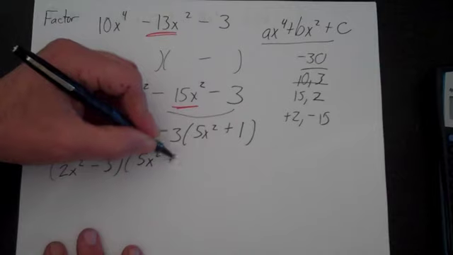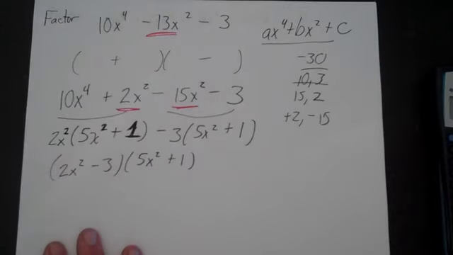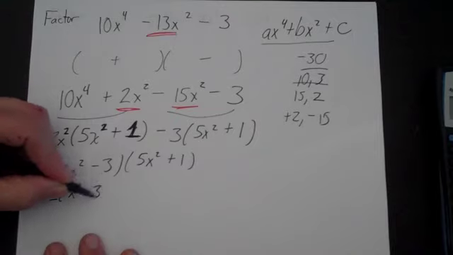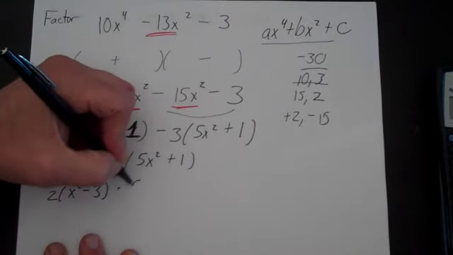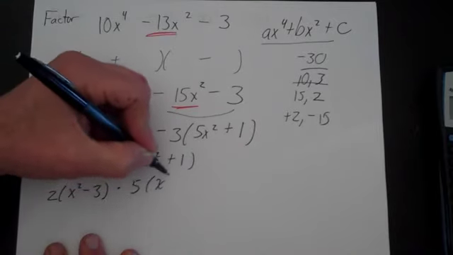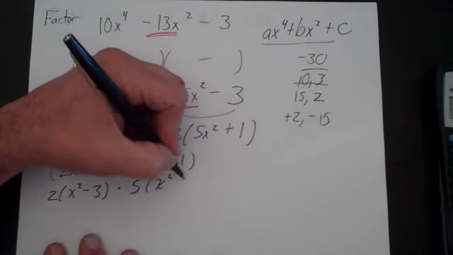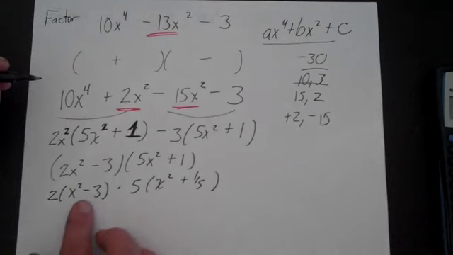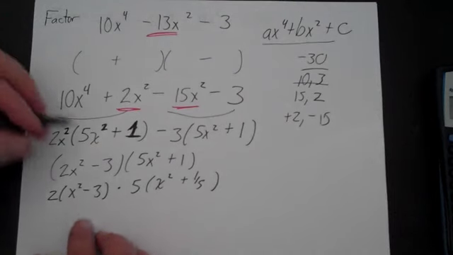5x squared plus 1. I'm going to take a 2 out here, and I get x squared minus 3. I'm going to take a 5 out here, and I get x squared plus 1/5. This is a minus, this is the difference of squares.